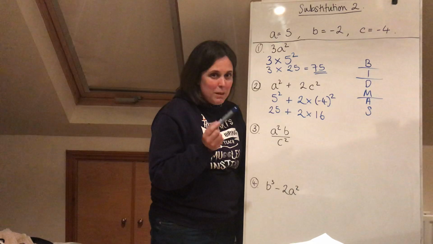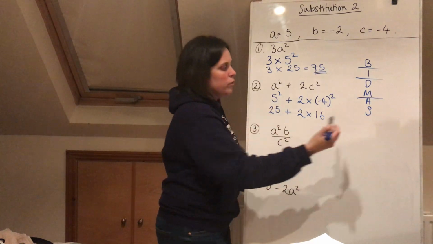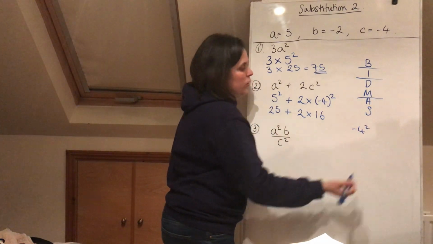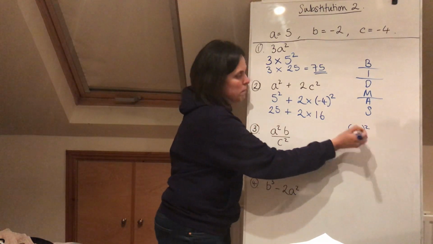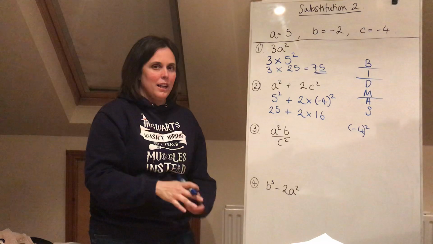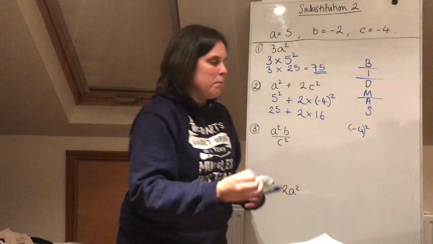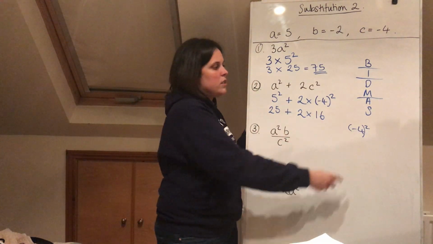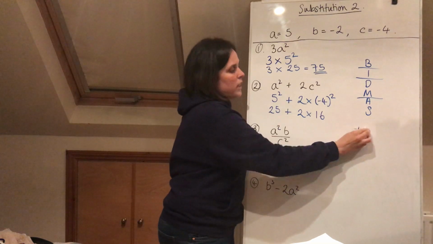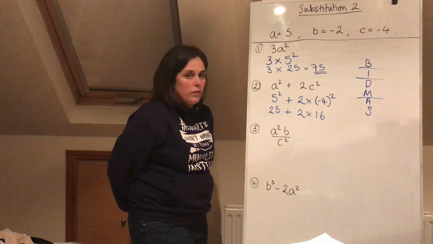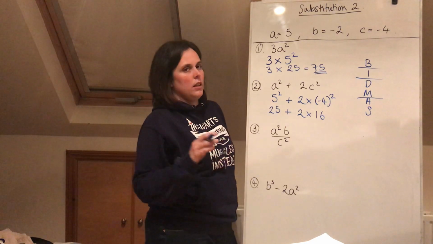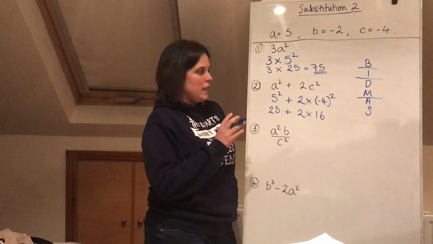Now if you type into your calculator minus 4 squared, your calculator will give you negative 16, and that's because you must have brackets and tell your calculator what you're doing properly, because your calculator will apply BIDMAS and do the 4 squared and then put the negative sign on afterwards. So just try to remember that so that you don't make errors.